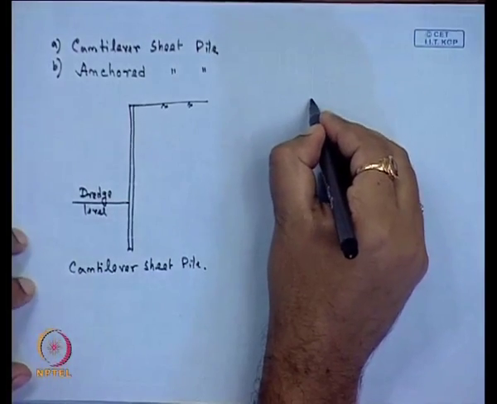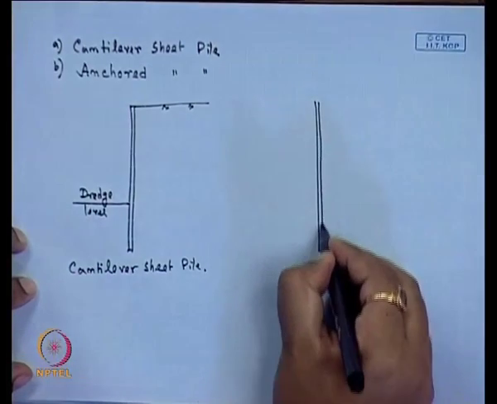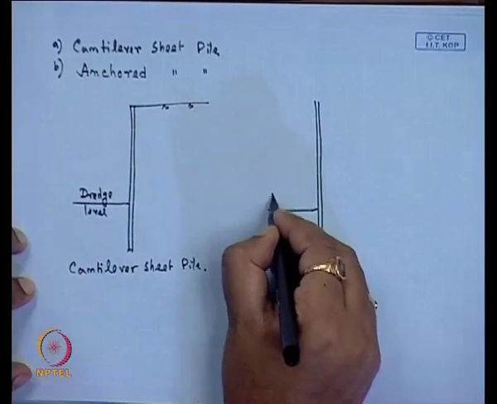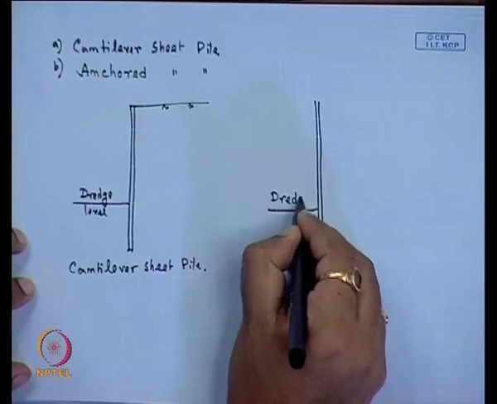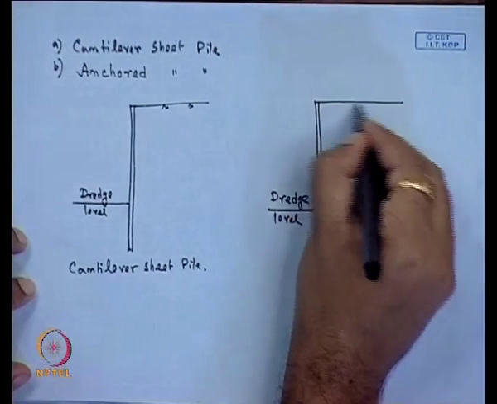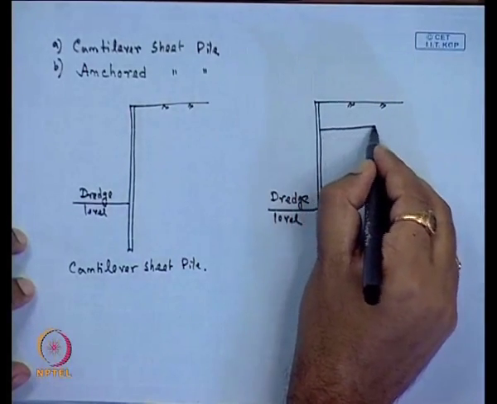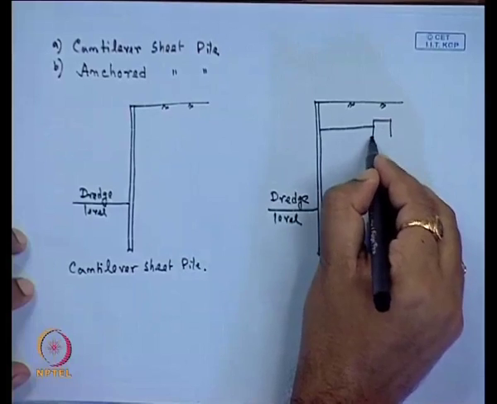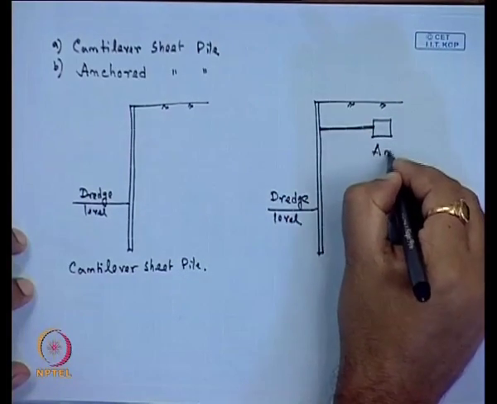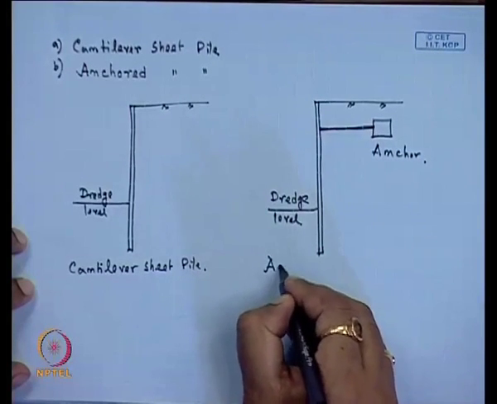Then another one, this is the ground level, where an anchor is attached with the sheet pile. This is the anchored sheet pile.